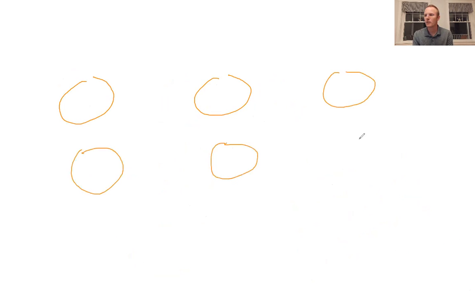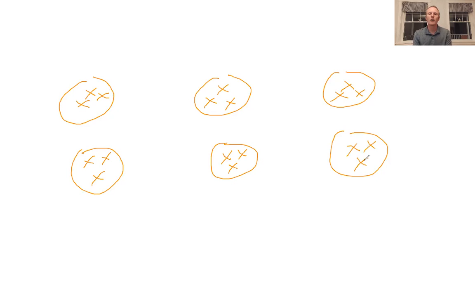So we are going to start with 6 groups. And there are going to be 3 things in each. So put 3 X's in each group. Okay.